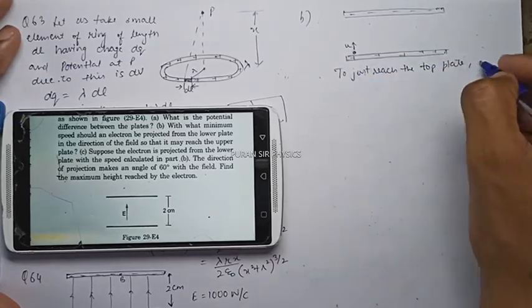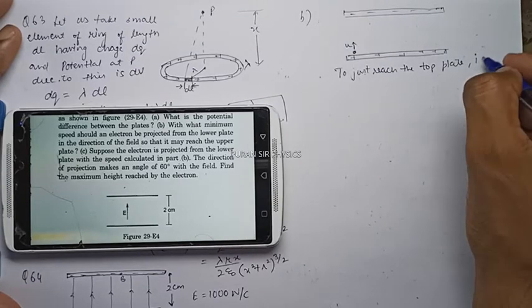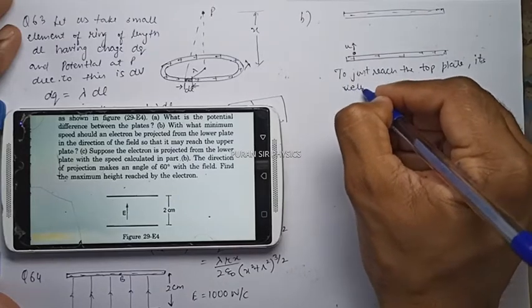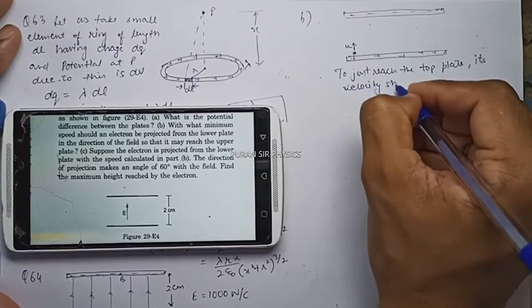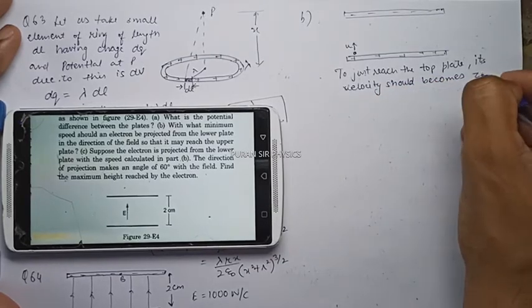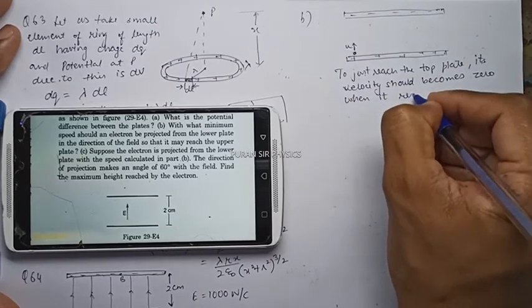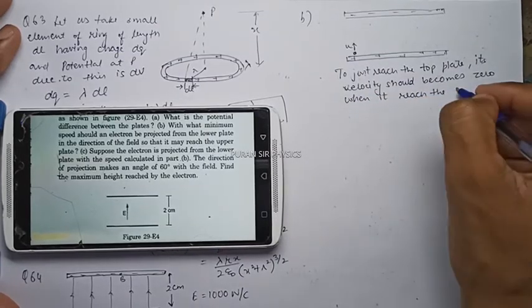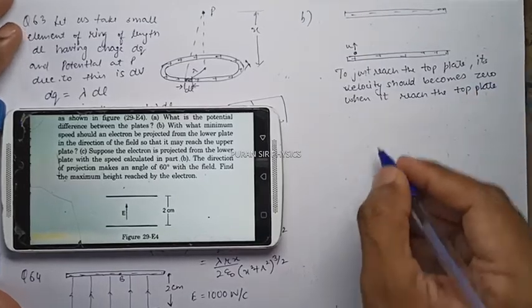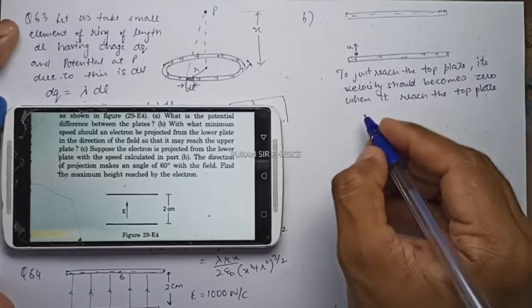To just reach the plate, its velocity should become 0 when it reaches the top plate. Okay, so in this case your electric field is given as 1000.